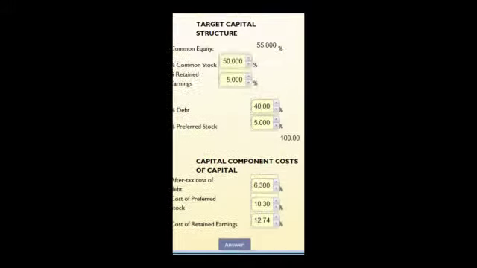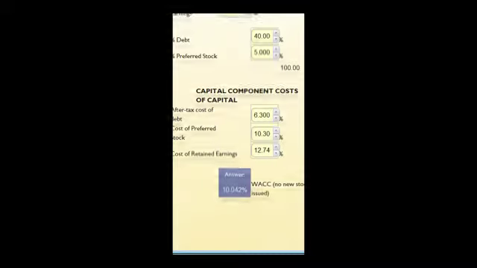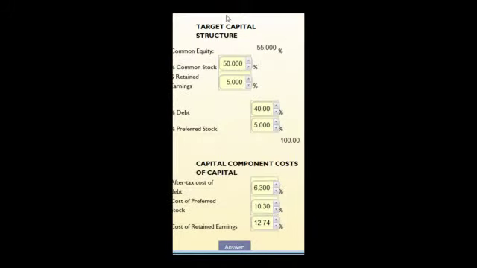So all you have to do, for any corporation that you're analyzing, is understand what that target capital structure is. Enter it in here, come up with the cost of those components, which are usually pretty well known, and instantly you'll come up with the weighted average cost of capital.